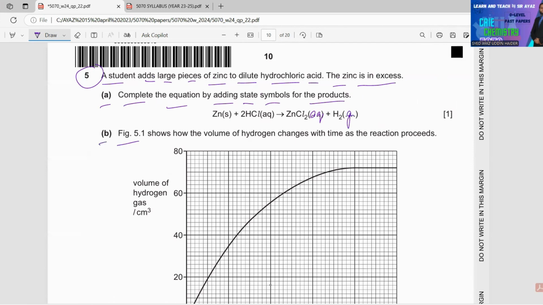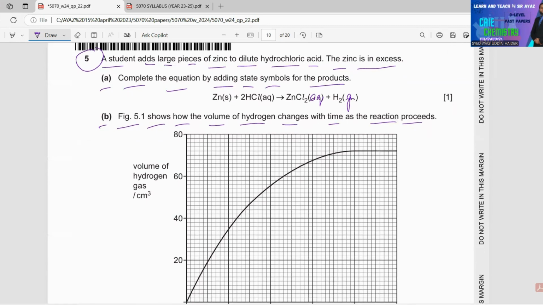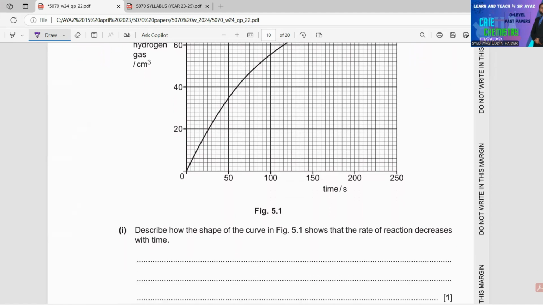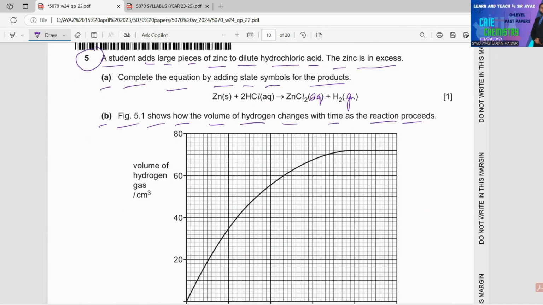B. Figure 5.1 shows how the volume of hydrogen changes with time as the reaction proceeds. Number 1, describe how the shape of the curve in figure 5.1 shows that the rate of reaction decreases with time. If you look at this graph, you can see the gradient decreases as time increases.